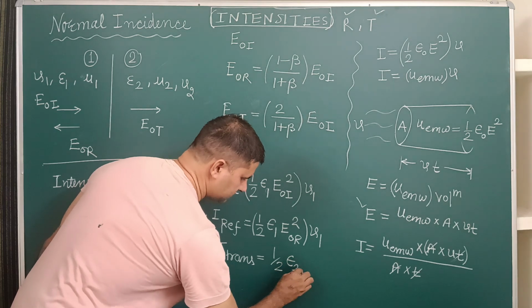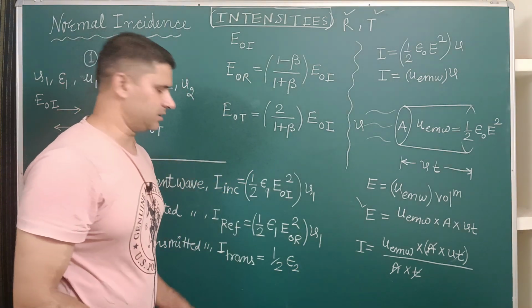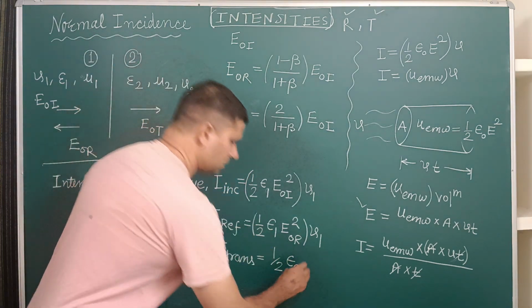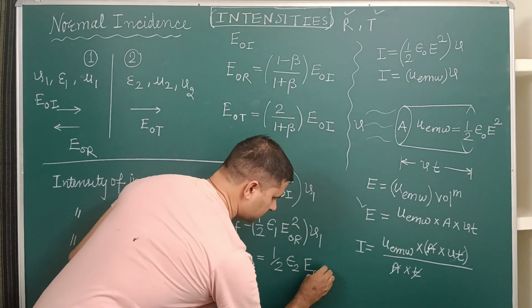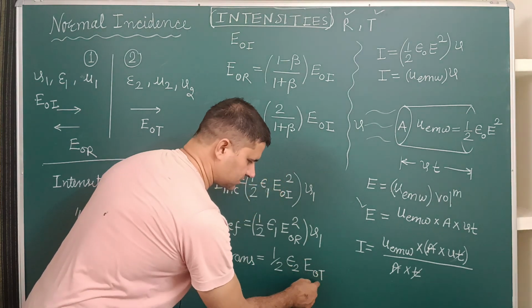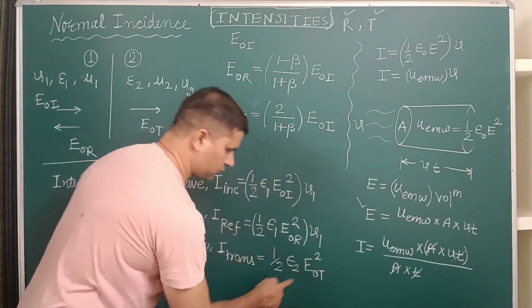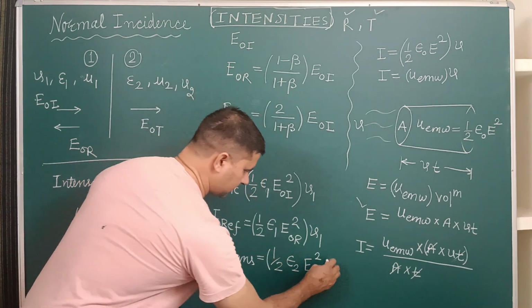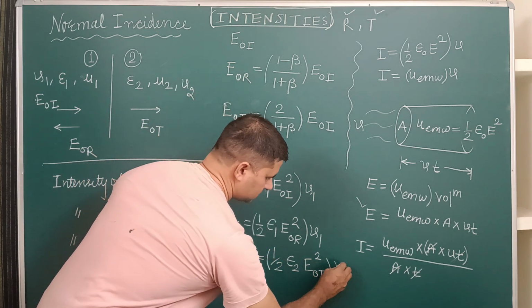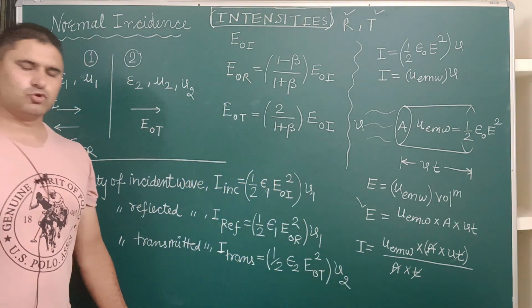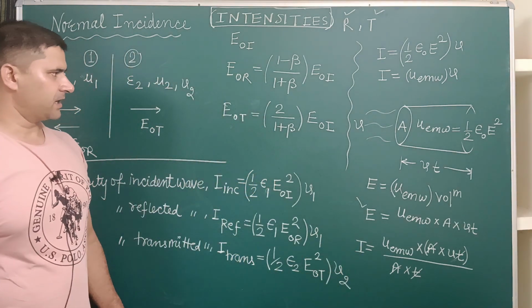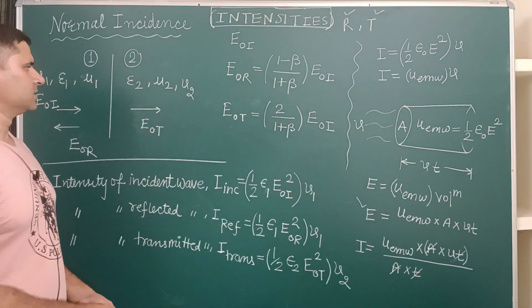In the second medium, electrical permittivity is epsilon 2, and the signal is transmitted. So I will write here amplitude of transmitted signal, square of it, and then I will multiply with the velocity of signal in the second medium. So I hope everything is clear in your mind.